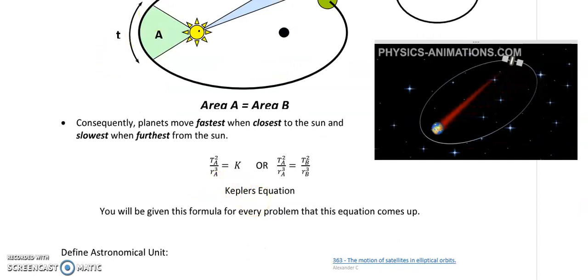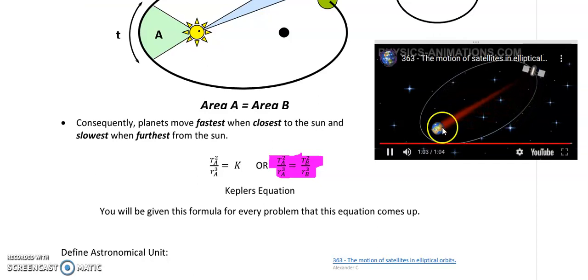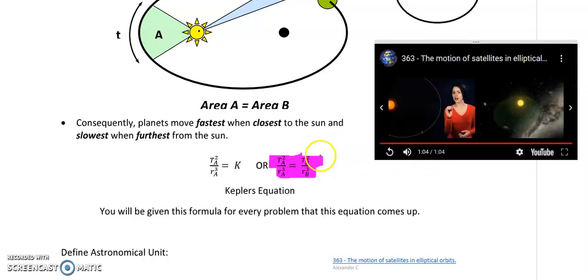There is one equation that is very important as you're coming through this. That's this one here. And this is known as Kepler's equation. It's not on the formula sheet, but it's basically the period squared divided by r cubed.